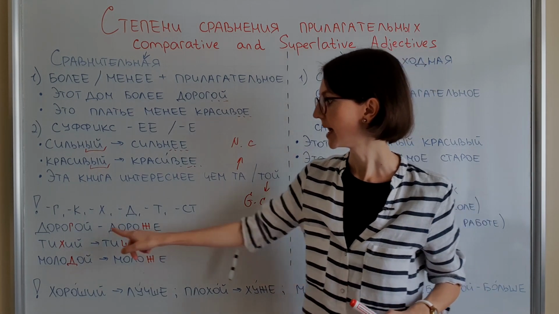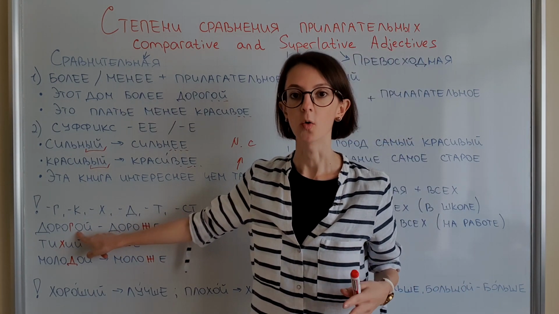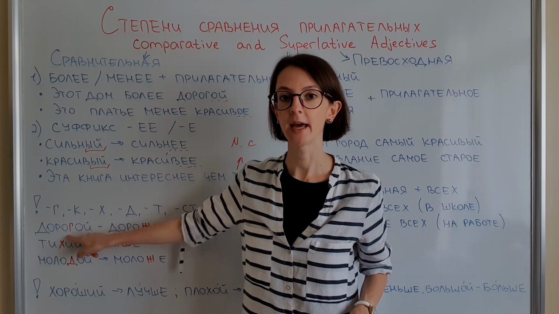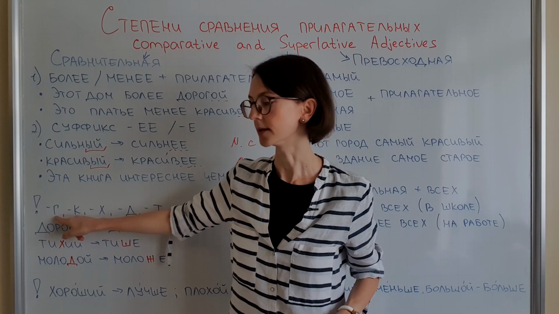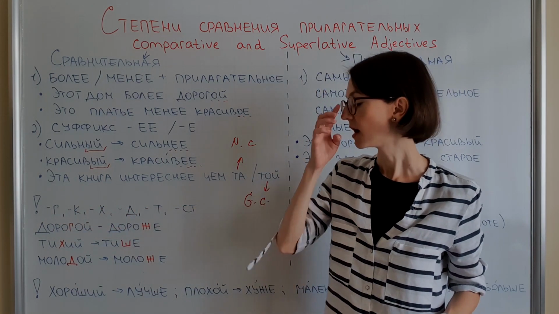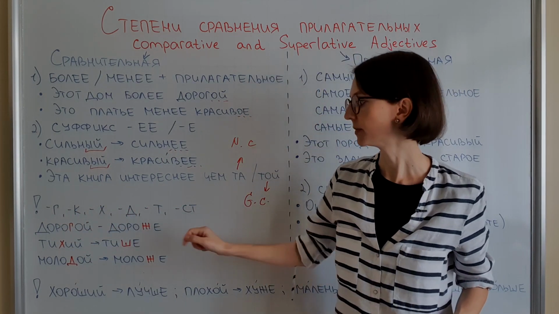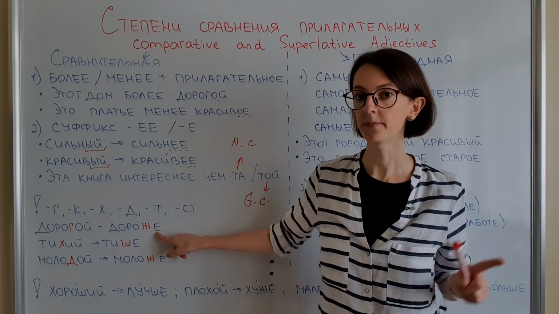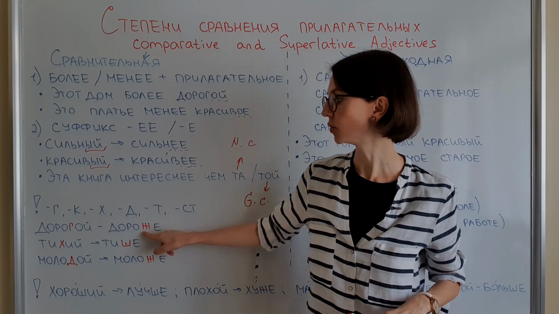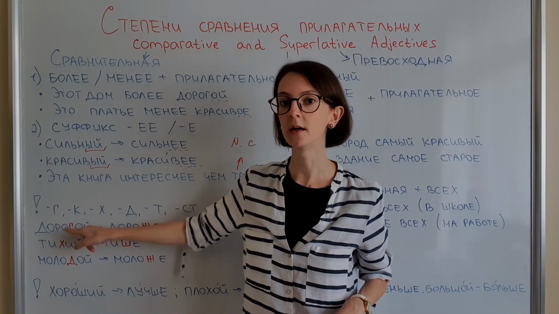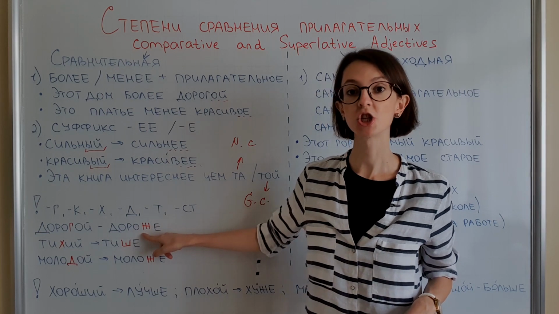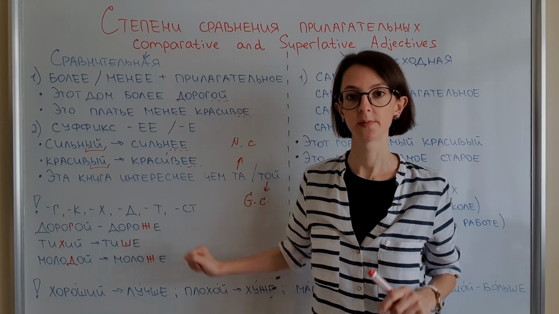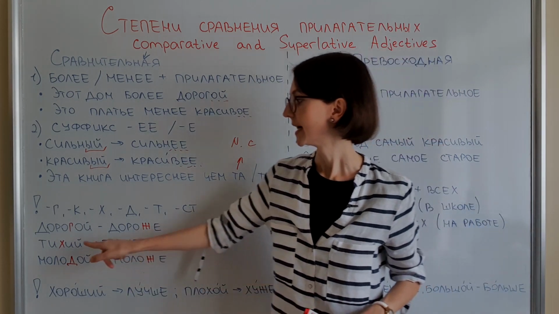For example, дорогой, expensive. So you can see that the last consonant before the ending ой is g, it's one of those. That's why comparative form will be дороже. So we use the suffix е, not ее, and also we need to change consonant g to consonant ж. Дорогой, дороже, expensive, more expensive. One more example.